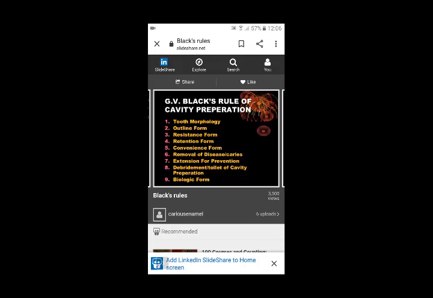So when we are designing the retention form, we are concerned that the material which we are using in the construction of the structure should be above 5 millimeters.